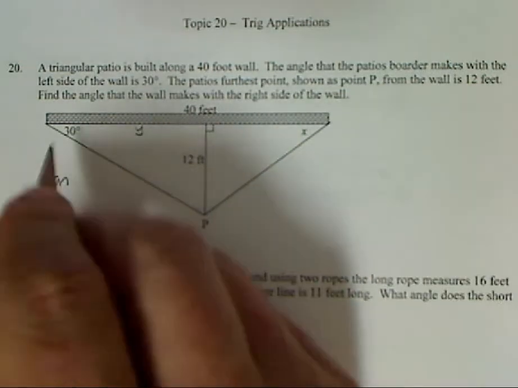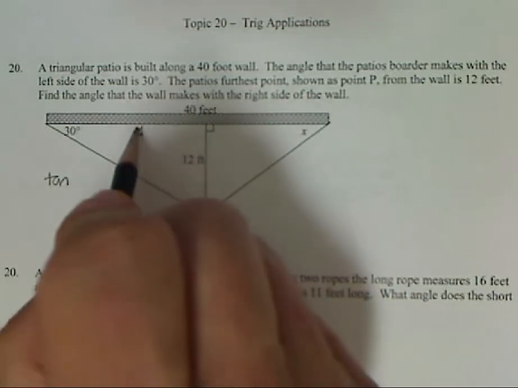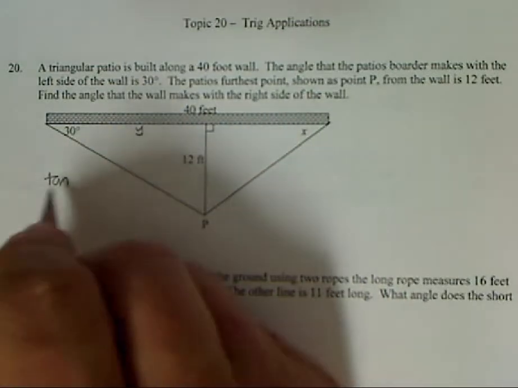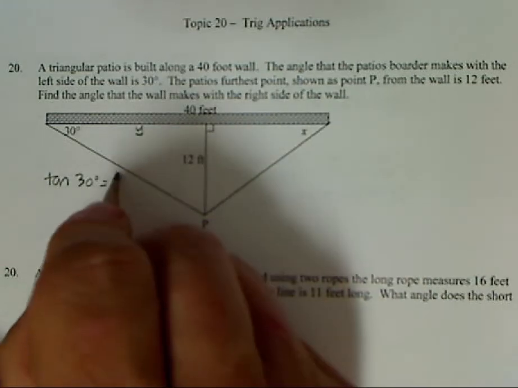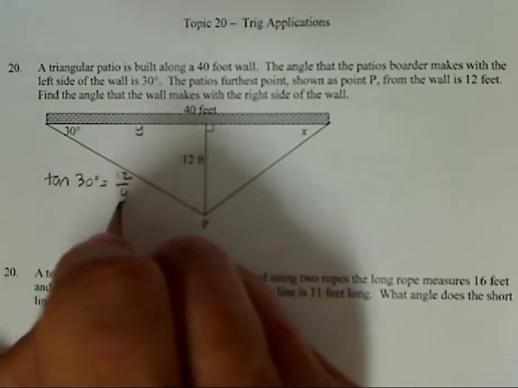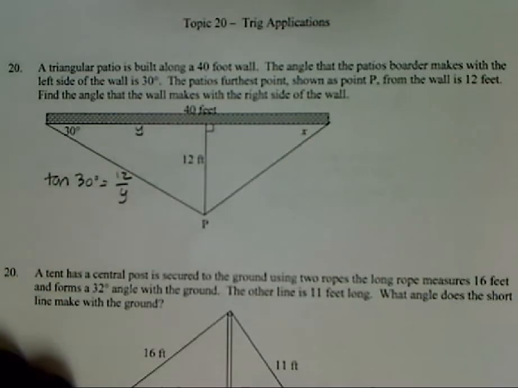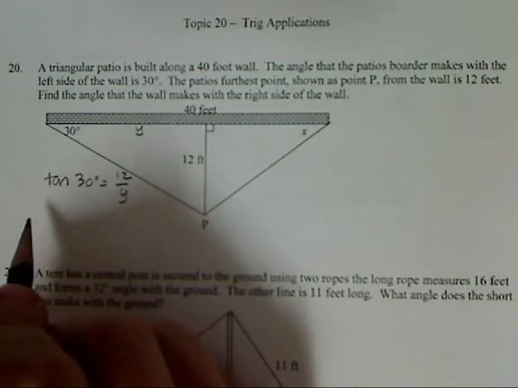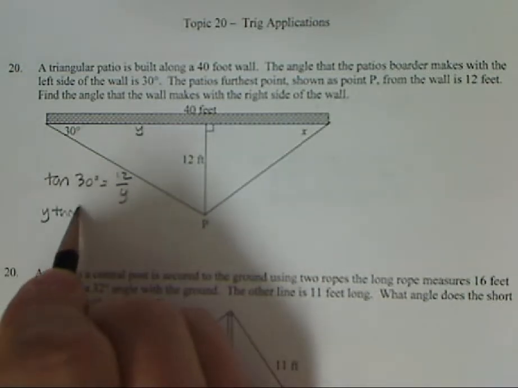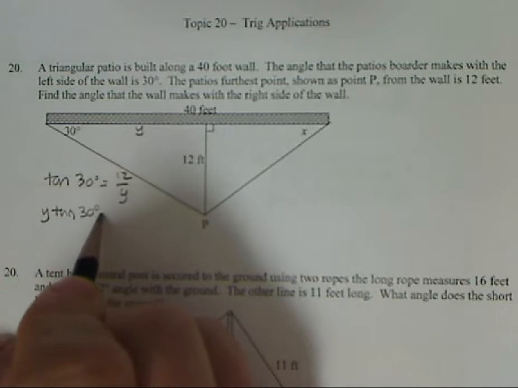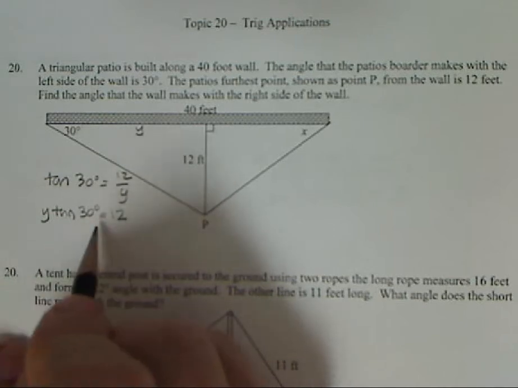And then I can go over and say tangent, because I've got opposite and adjacent. Tangent of 30 is equal to 12 over y. And I'm going to solve for y, so I'm going to multiply by y first. Then I'm going to divide by tangent of 30.